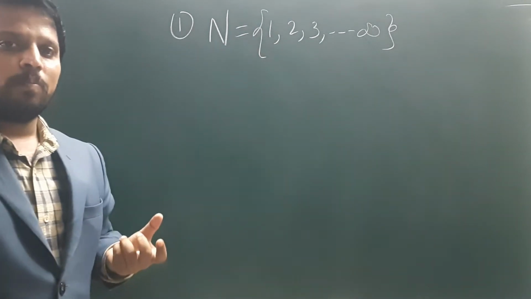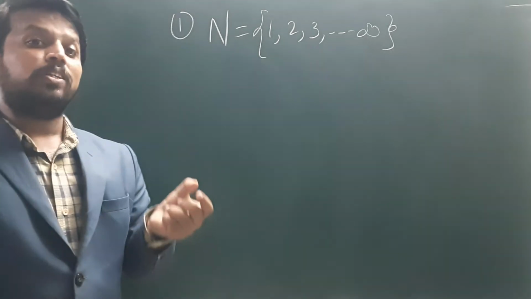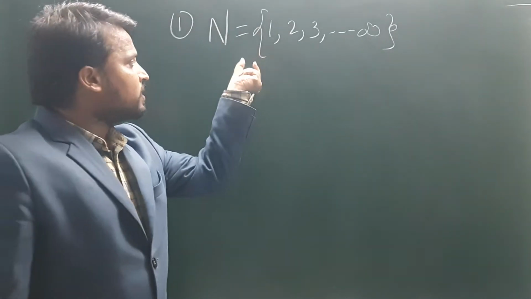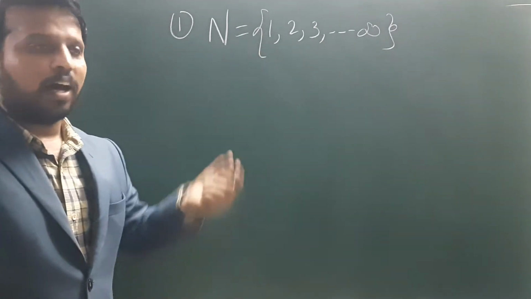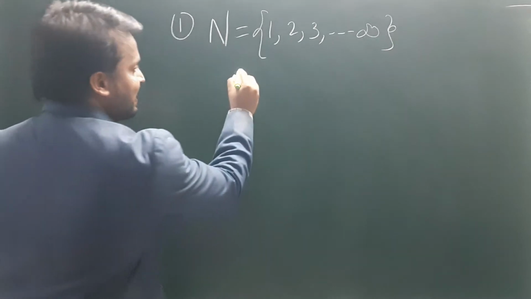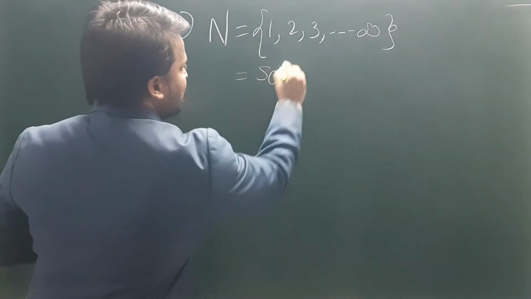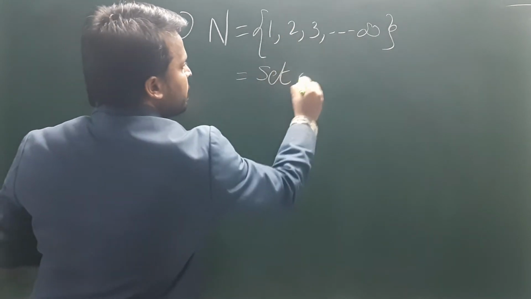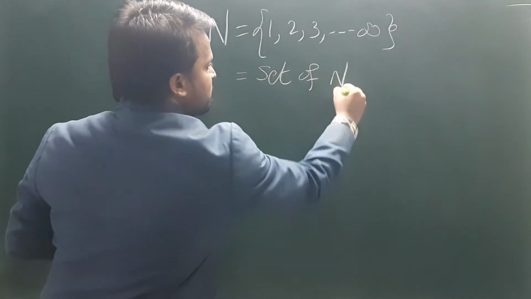What is this? Whenever we write numbers inside flower brackets or any closed brackets, we call that a set. What do we call it? Set. Which set is this one? The set of natural numbers.